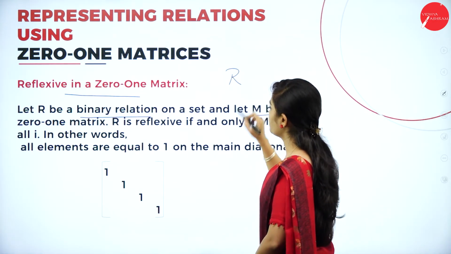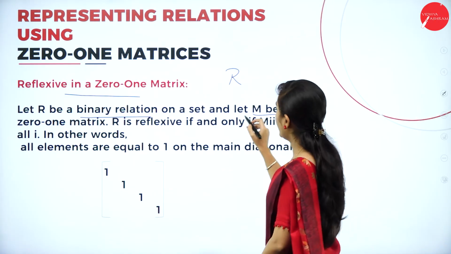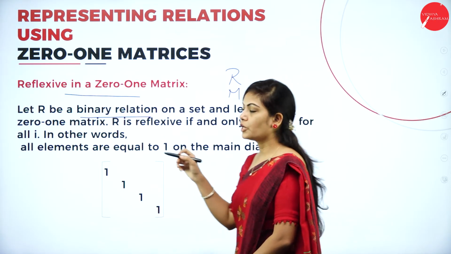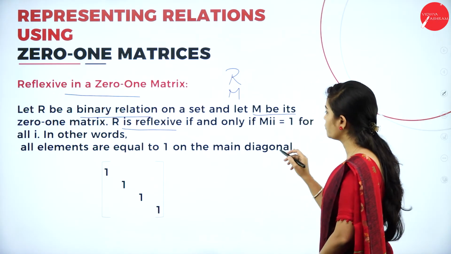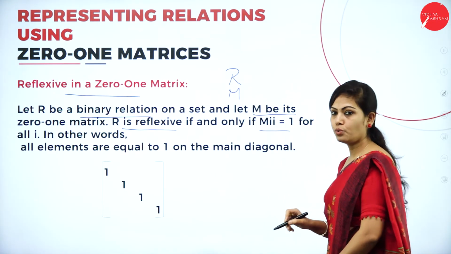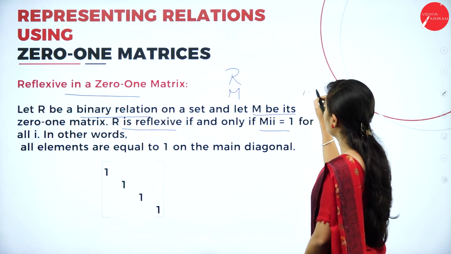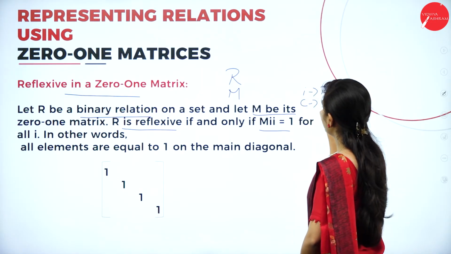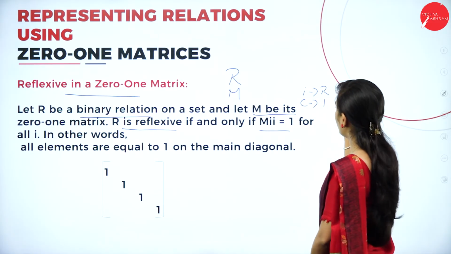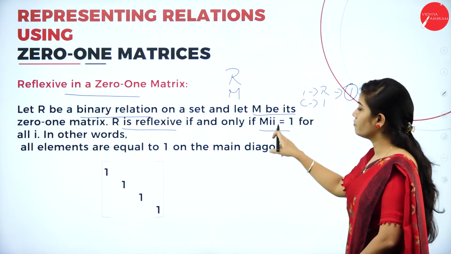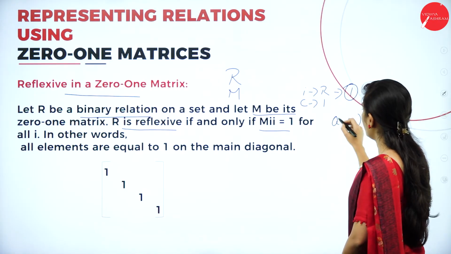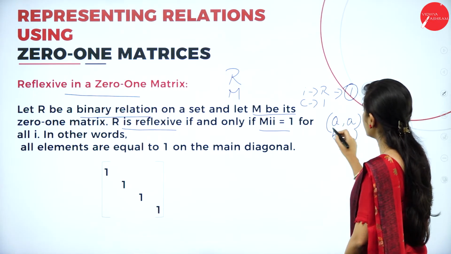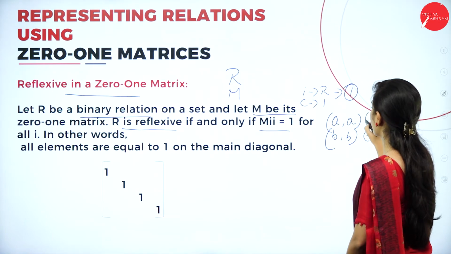R is reflexive if and only if Mii is equal to 1. That means all the diagonal entries are 1. We call it reflexive because reflexive means (A, A), (B, B), (C, C) belong to R.